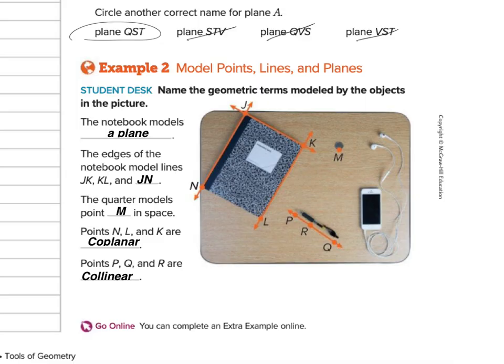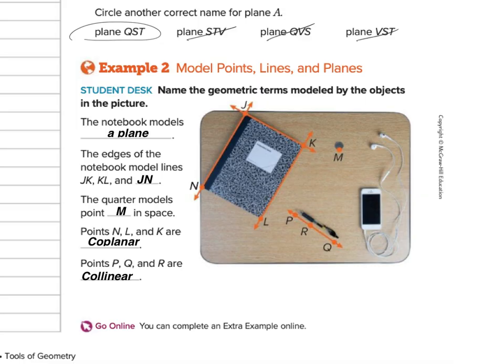So here, name geometric terms modeled by the objects, and I have them filled in, but understanding that, a book in itself could be a plane, but the edges of the book could be considered lines. A pencil or a pen could be identified as a line, and then a point, this quarter or this coin or something just sitting on a desk could just be a point. So just keeping those kind of things in mind.